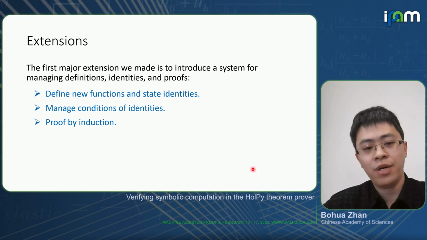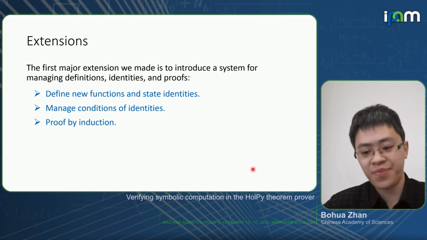So for example, now in the new tool, we can define new functions and state identities about these functions. We can manage conditions of identities, which is a very important part once we get to more non-trivial functions, many of which are only valid for certain ranges of the parameters.